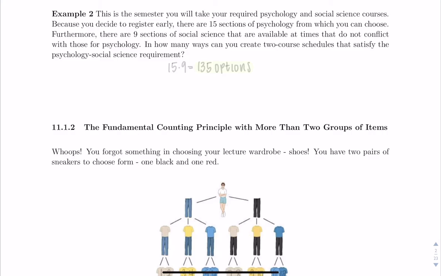And so we can't have them at the same time. And so I have to pick 1 psychology and 1 social science. And so all we do again is we multiply the 2 choices, 15 times 9, or we have 135 options for our class choices.